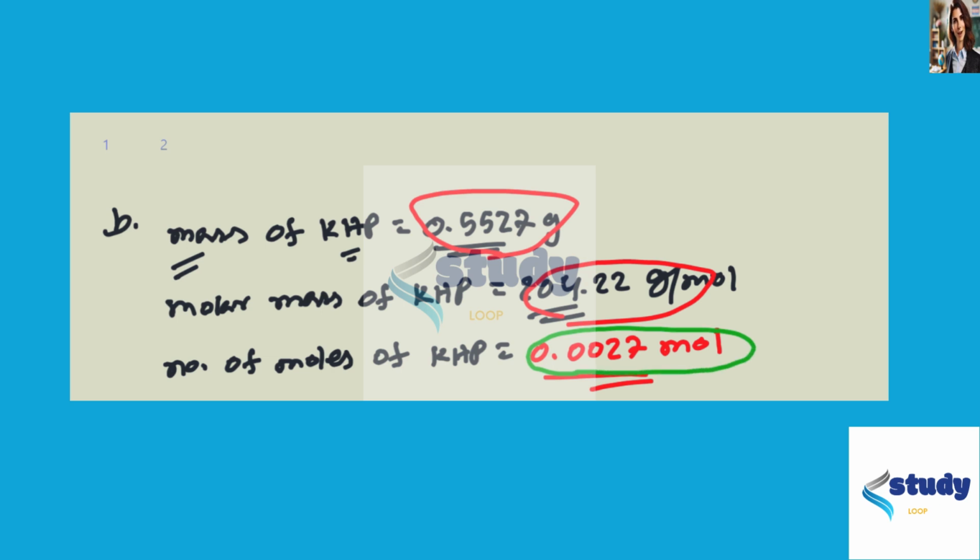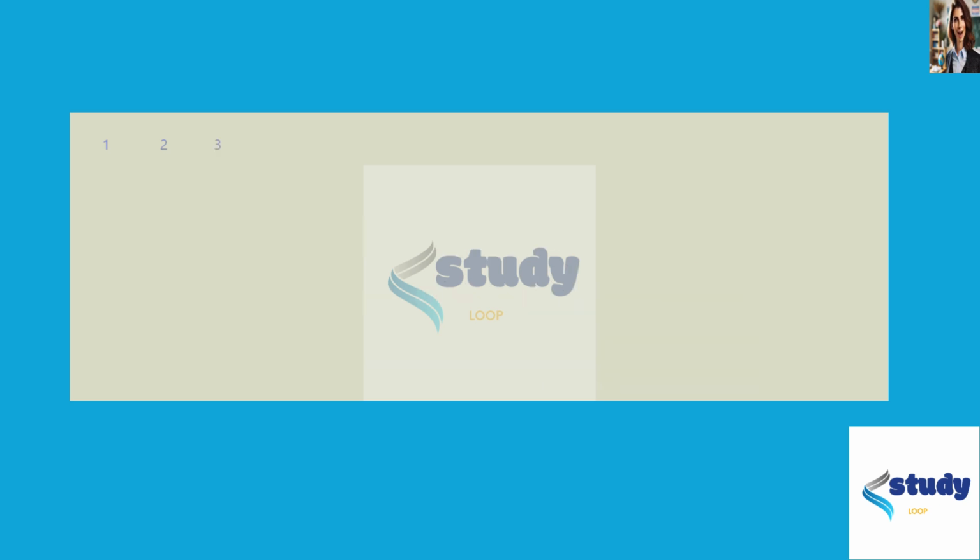Now if we just divide this by the volume of the sodium hydroxide, we will get the concentration of the sodium hydroxide at the equivalence point.